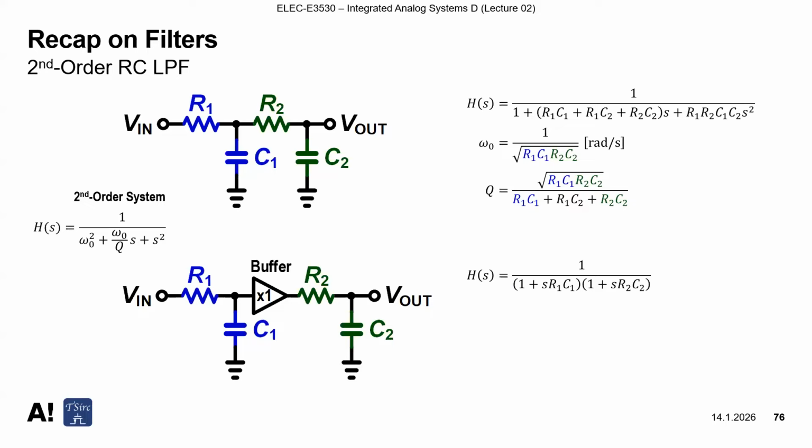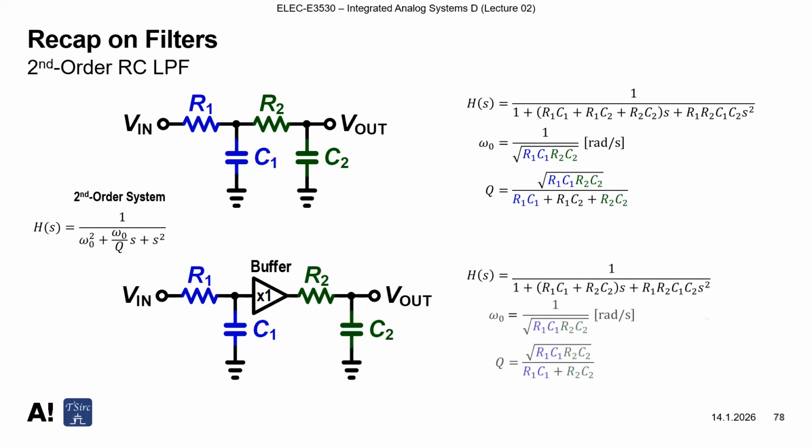So this part's transfer function and this part's transfer function, because we are isolating the first low pass filter and second low pass filter by means of a buffer. So this one is for isolation. Expanding gives R1C1 plus R2C2 times S, R1R2C1C2 times S squared. Now we have some different system parameters.